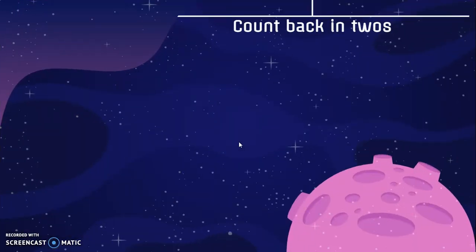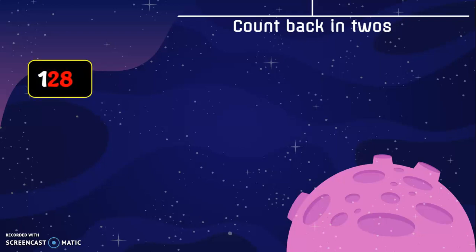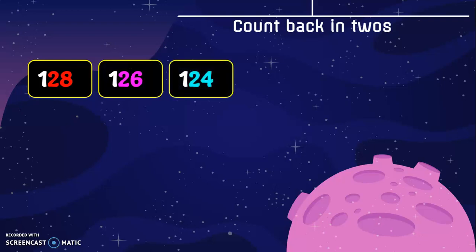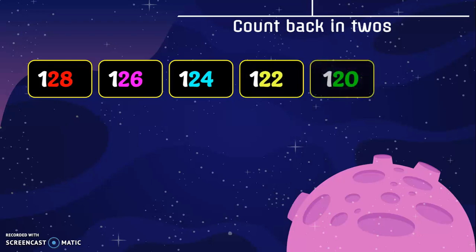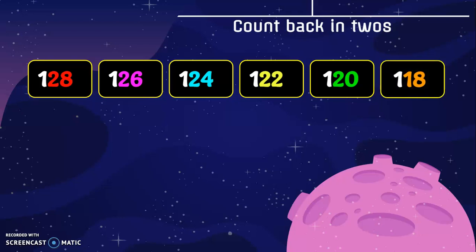Next, count back in twos. I have 128, 126, 124, 122, 120, 118. The colored number here shows that the number must minus or subtract 2 to get the next number.